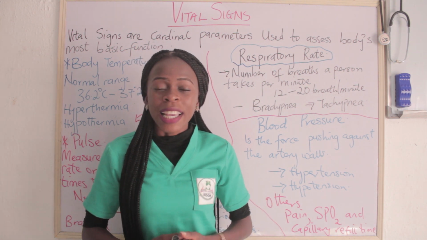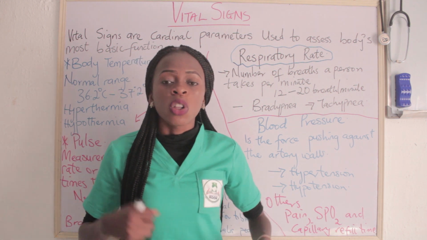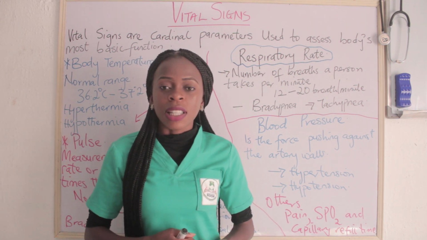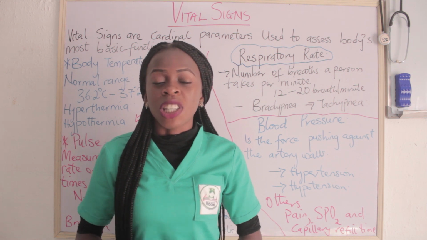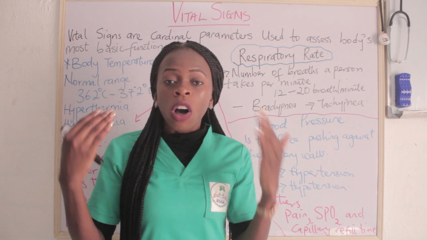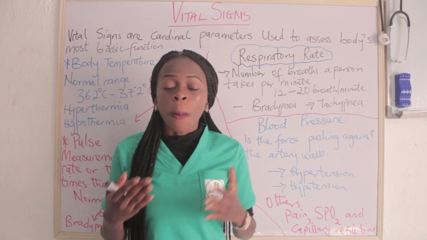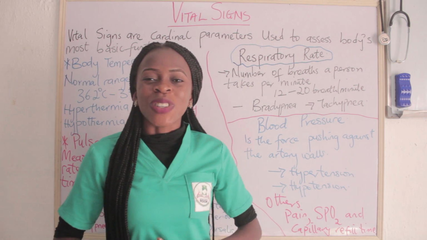It has to be there. Then you also have to have your watch. It could be your breast watch or your wristwatch. All these things have to be in the tray when going to your patient's bedside. If you are also going to be taking the pulse, the oxygen saturation, you have to take your pulse oximeter alongside.